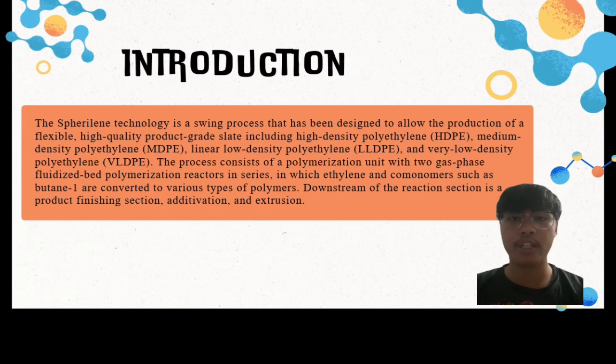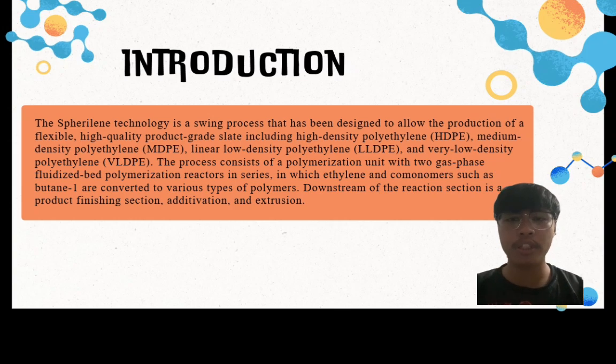The Spherilene technology is a swing process that has been designed to allow the production of a flexible, high-quality product grade slate, including high-density polyethylene HDPE, medium-density polyethylene MDPE, linear low-density polyethylene LLDPE, and very low-density polyethylene VLDPE.